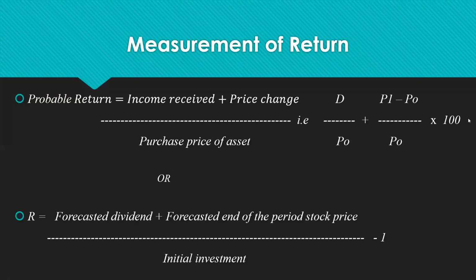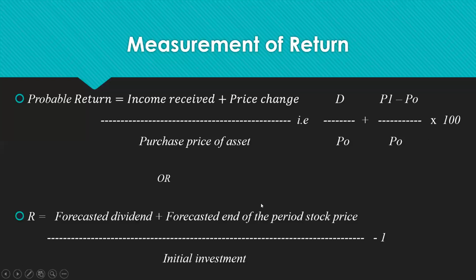Now it should be divided by the initial investment, or price at the beginning of the year, the actual amount you spent to purchase that security. That is the P0. So the first formula is the income received plus price change divided by purchase price of the asset. It can also be symbolized as D divided by P0 plus (P1 minus P0) by P0, into 100.